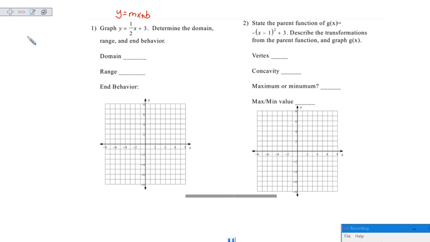Otherwise, you can always create a table of values and have your inputs and your outputs. Okay, for a linear equation you need at least 2 points, but having 3 or 4 points would be helpful. I'm going to go ahead and graph it right now based upon our y-intercept and our slope.